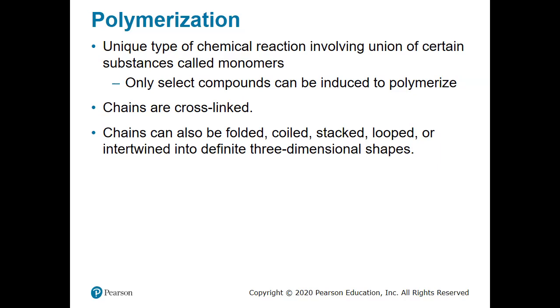We take that monomer, we introduce some sort of induction substance to it, and that induction substance causes the monomer to start to link together. It starts causing the electrons inside of the bonds of that monomer to go crazy and start just dishing themselves out and forming bonds. And that process of forming all these extra bonds will usually end up in the formation of a polymer.